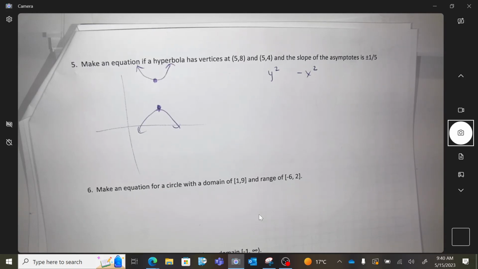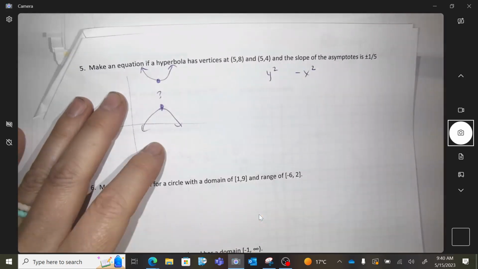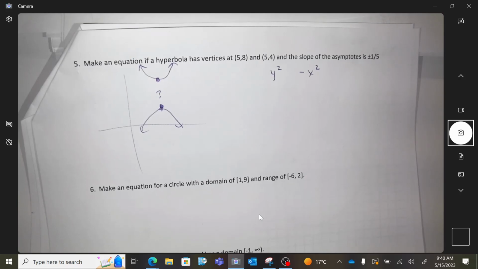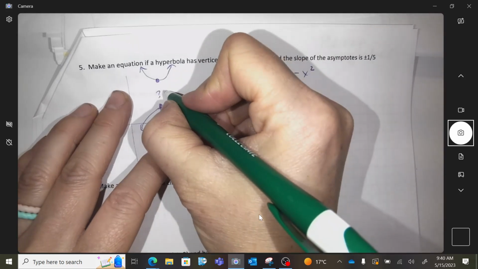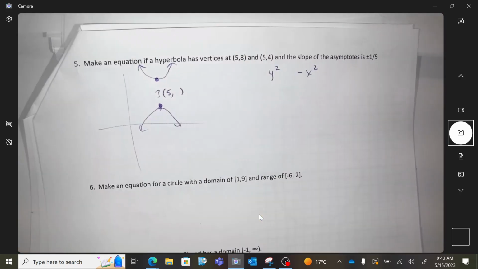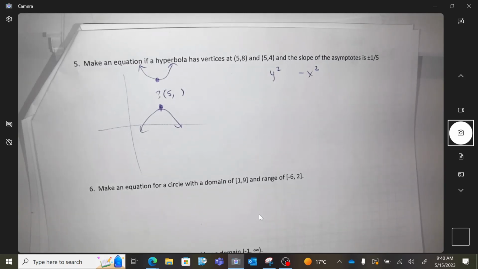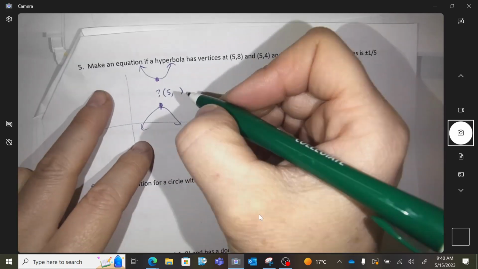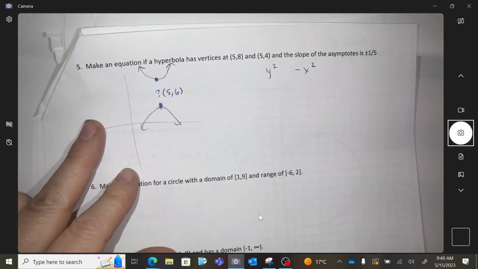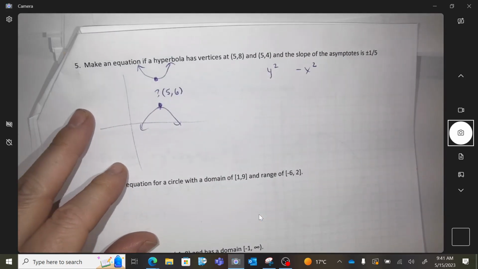Okay, let's figure out the center of this then. What's right in the middle of those? 5, comma, what height? 6? Does that make sense to where I'm going with that?